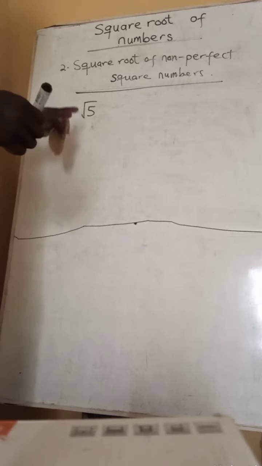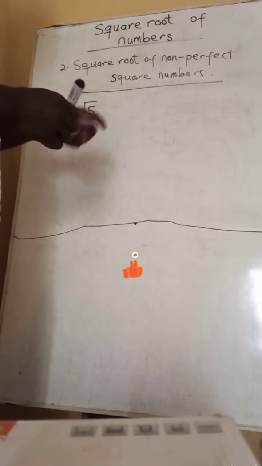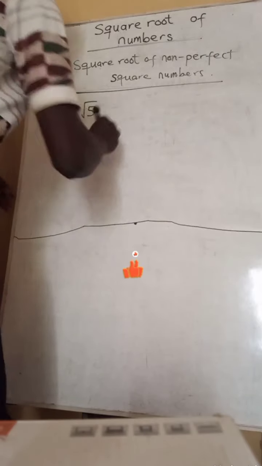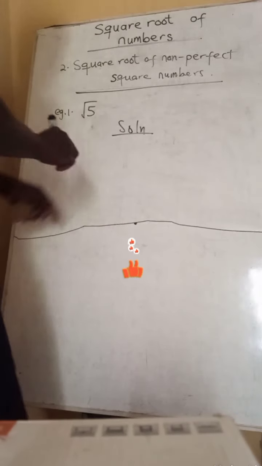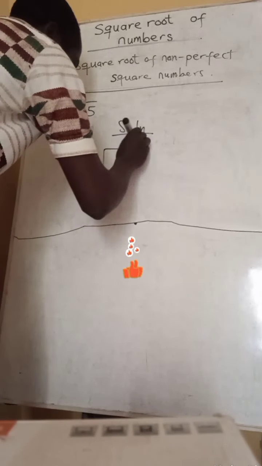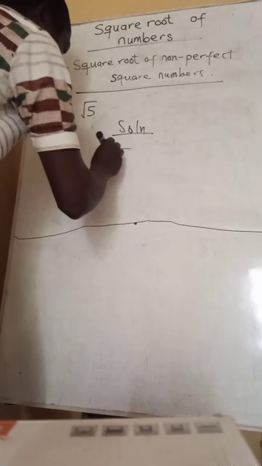Like I said earlier, we are going to use the long division method. So the solution is very simple. We pick the square root of the 5 using the long division method.